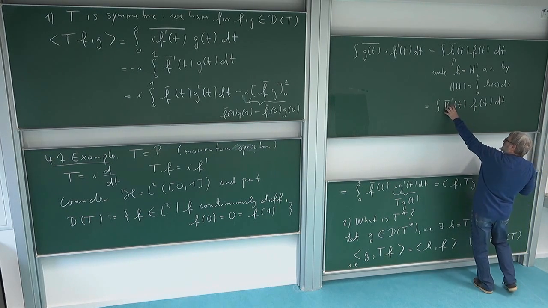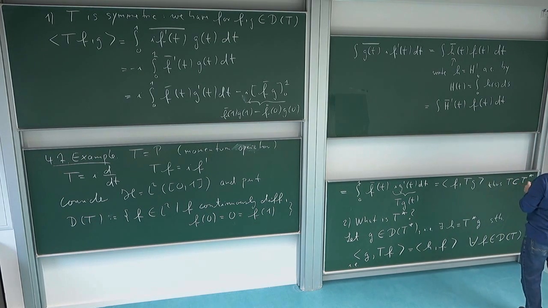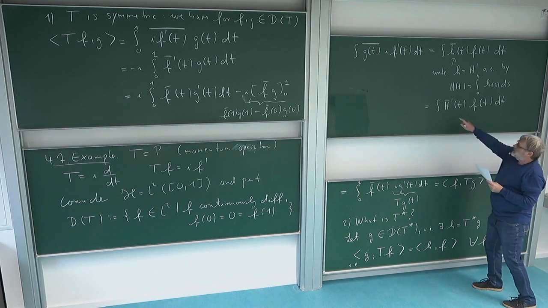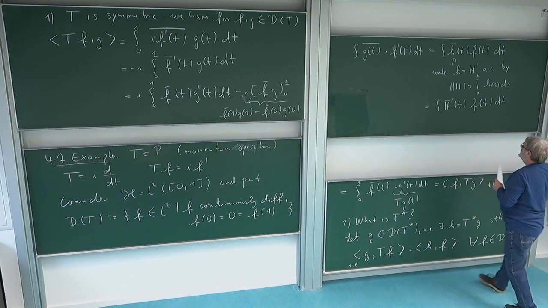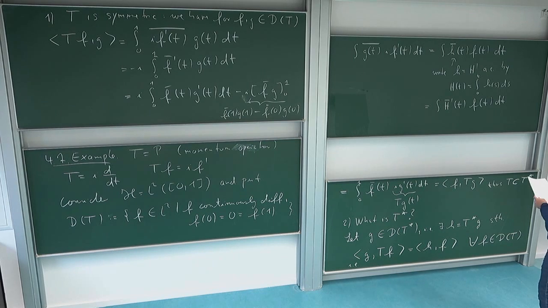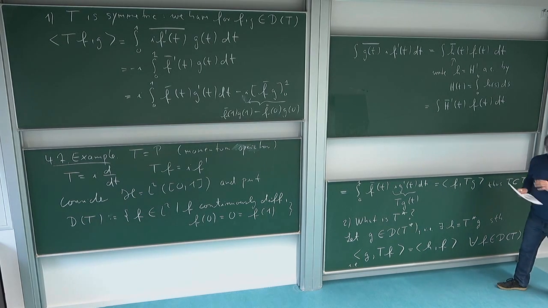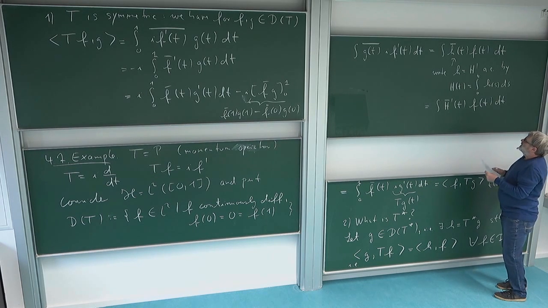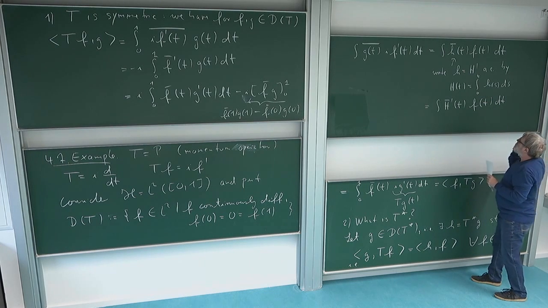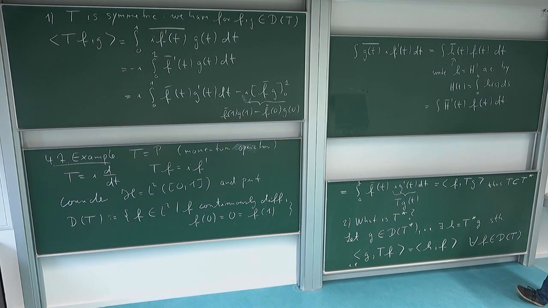So I have the derivative of a function and the function f here. f is a nice function, so this is okay, but this H has a derivative, and this H is now a nice function. It's continuous, it's actually absolutely continuous, and this H is now a function for which I really can do partial integration.